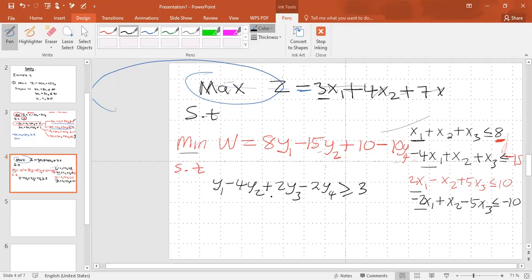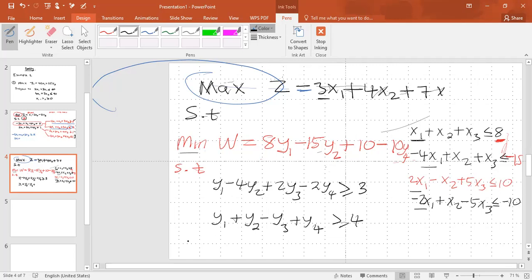Then number 2: y1 plus y2 minus y3 plus y4, greater than or equal to 4.